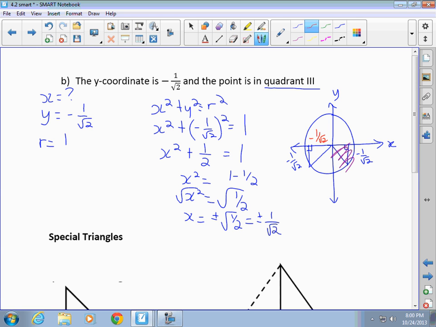So my solution to this one would be negative 1 over square root 2 and negative 1 over square root 2. Because this one had that restriction of quadrant 3, we can't include that quadrant 4 diagram.